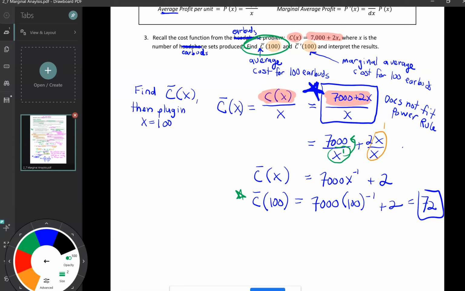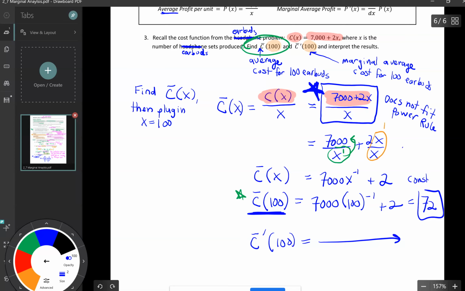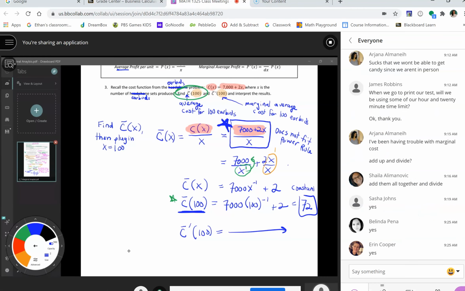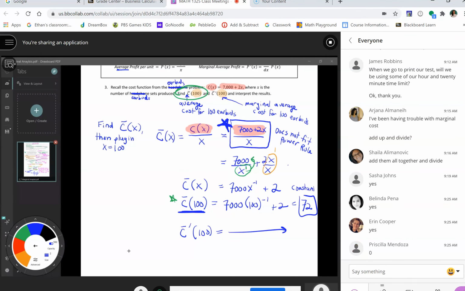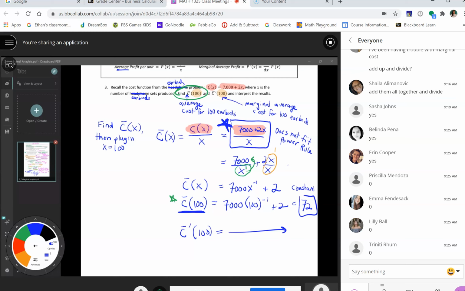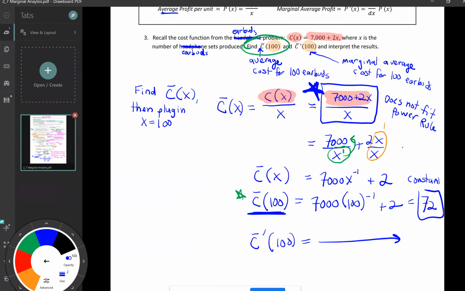Now, here's the deal. This is where students usually mess up. You cannot just take the derivative of this, because if you do, what's the derivative of a constant 72? What's the derivative of a constant? Always, always, always 0, right? So you just calculated a cost. Of course, it's going to be a constant. If I took the derivative of that, I would get 0.